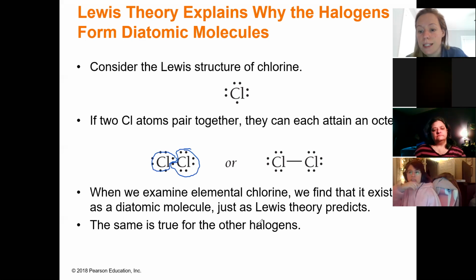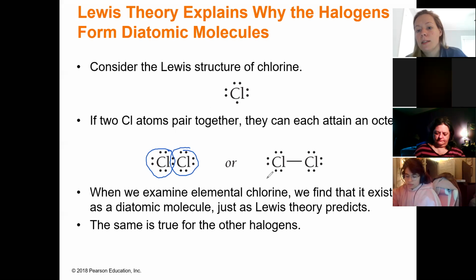And when you put them together, now each of them has access to 8 electrons. Chlorine here has 8, chlorine here has 8. So this is more stable than chlorine existing on its own. You would probably see it drawn more like this, where those 2 electrons in the center are represented with a bar.